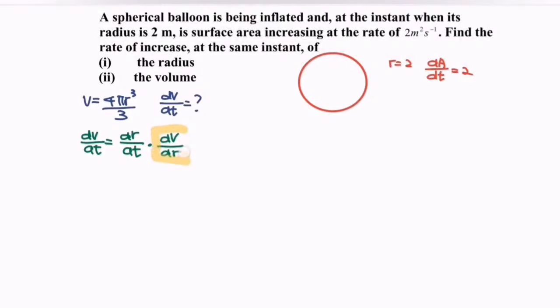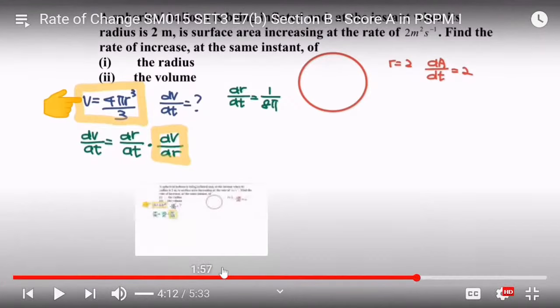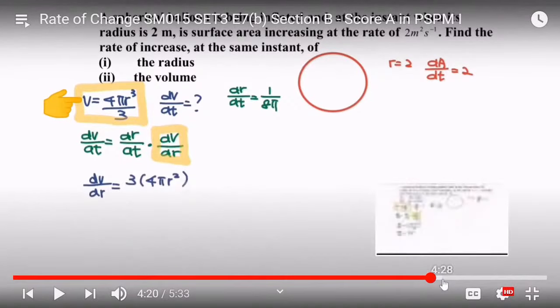This part, where we have dV/dr, meaning that differentiate the V with respect to r. So the value for dr/dt, previously we already have dr/dt equals 1 over 8 pi. So now what we have to do is to differentiate the V with respect to r. Boleh? Kalau saya differentiate, saya dapat apa?